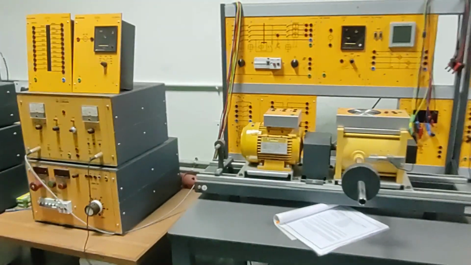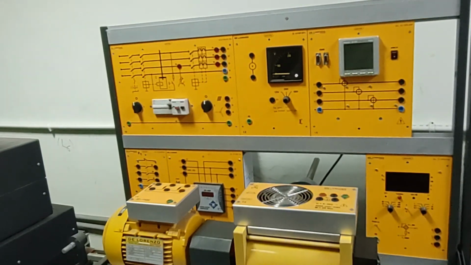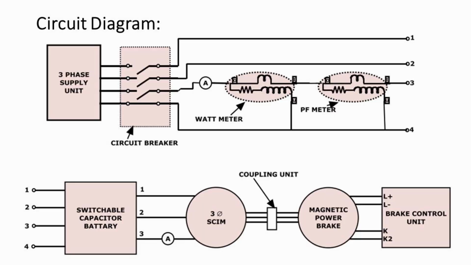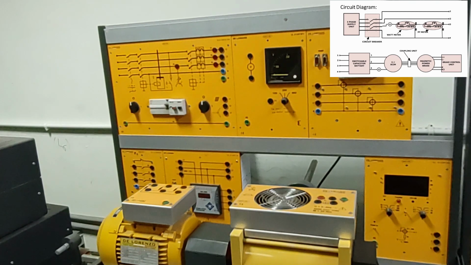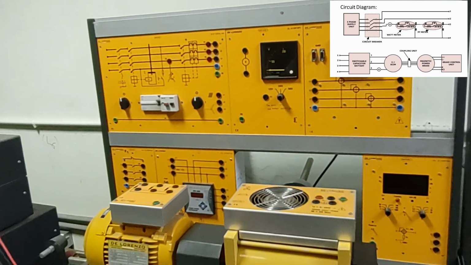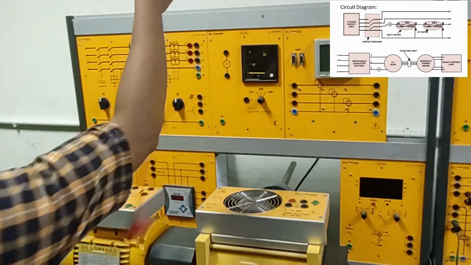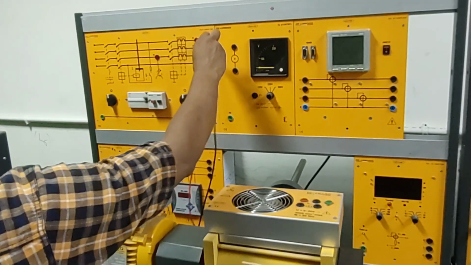Next we will proceed to the connections as per the circuit diagram. In the circuit diagram, the power supply comes from the 3-phase power supply unit and goes to the circuit breaker. We have line 1, line 2 and line 3 from the power supply unit.